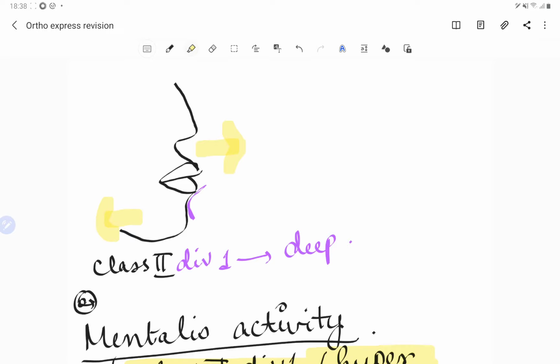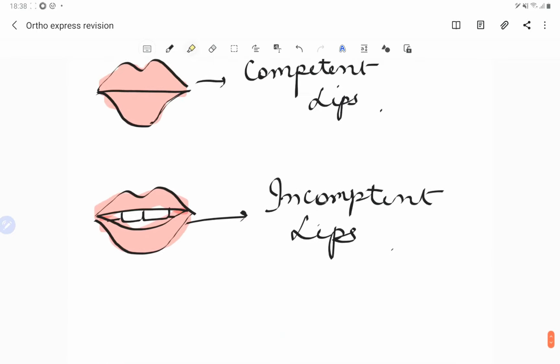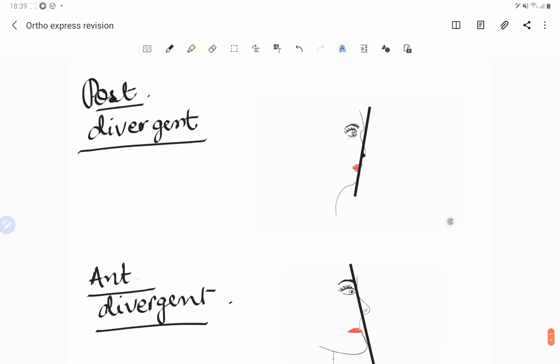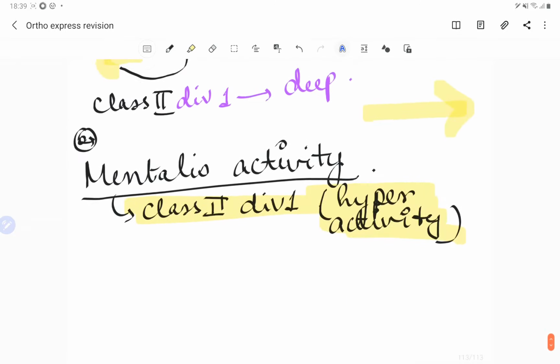So in class 2, we usually see a retroclined or recessive chin, but in class 3 malocclusion there is a prominent or proclined mandible. So class 3 is associated with a prominent chin, as you can see here. But in case of class 2, we see a small chin, or a recessive chin.